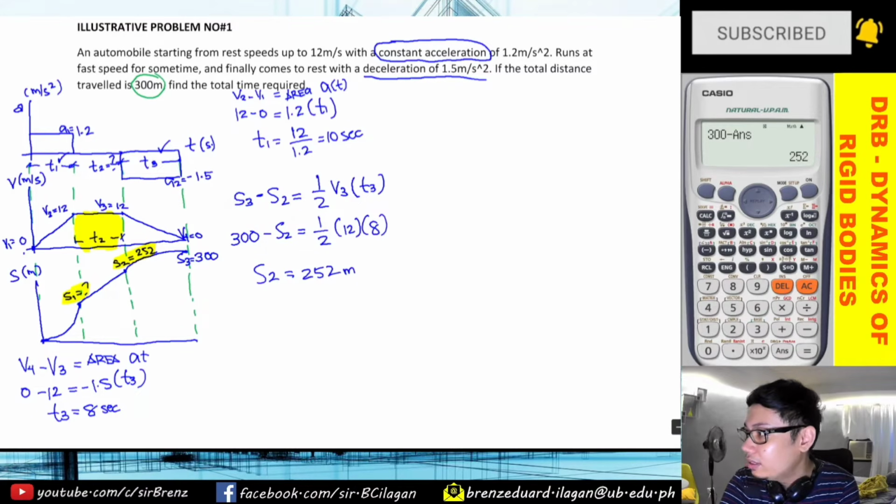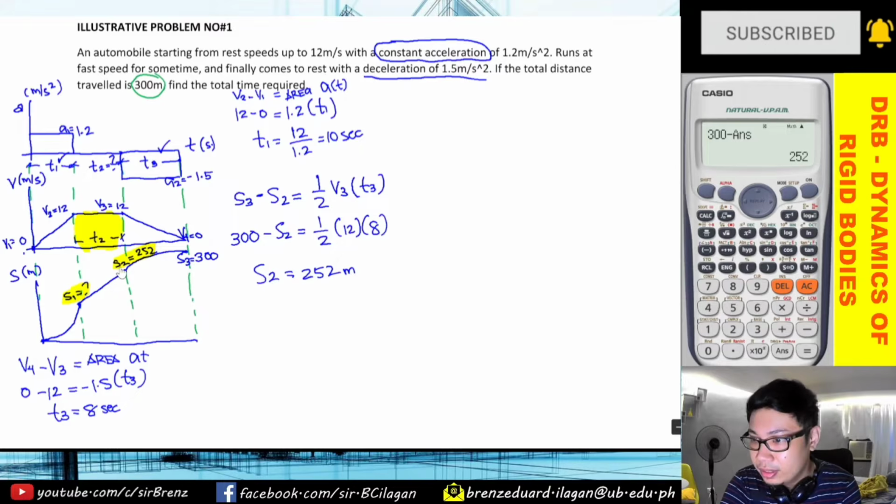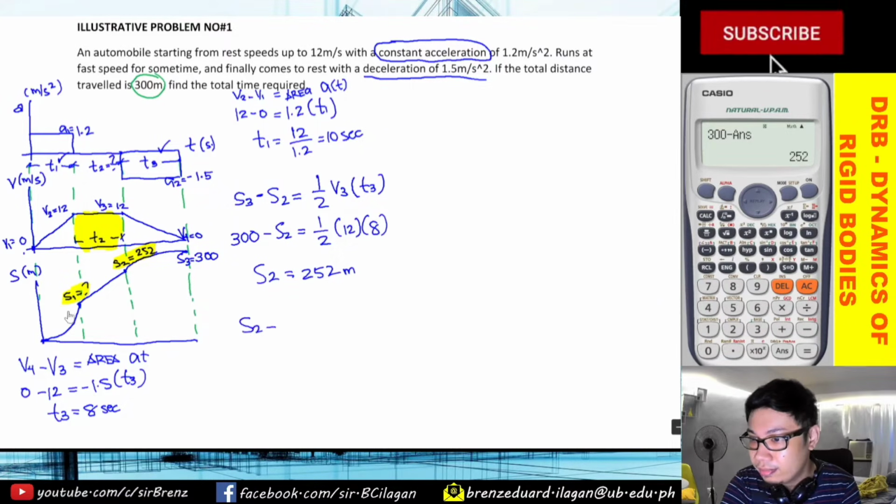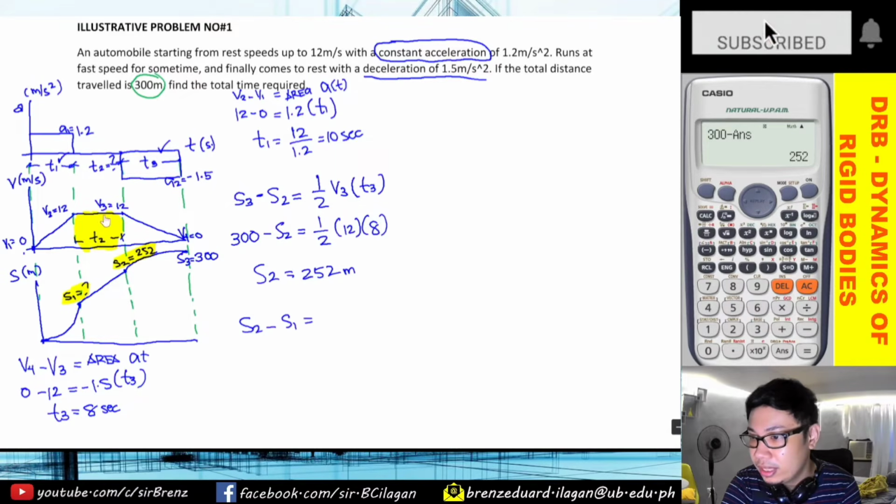Okay, so, sabi nga, do sa formula, yung displacement 2, so S2 minus yung S1 mo, so that is equals lang dito sa area ng velocity versus time na graph.